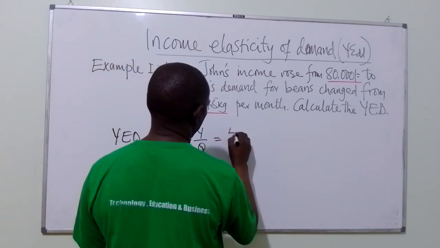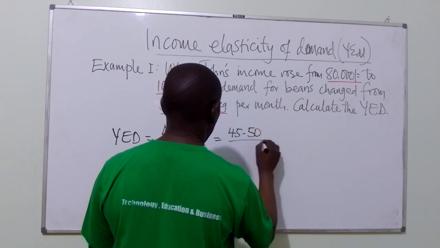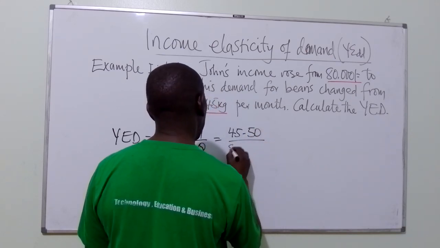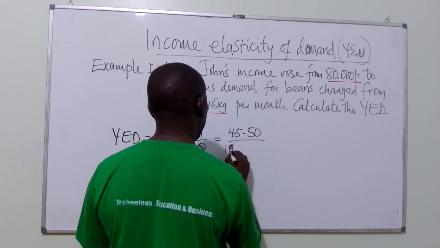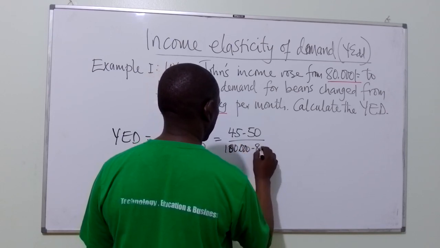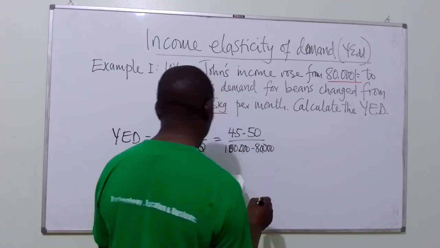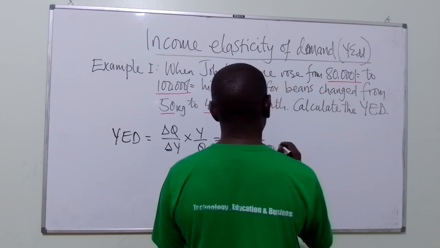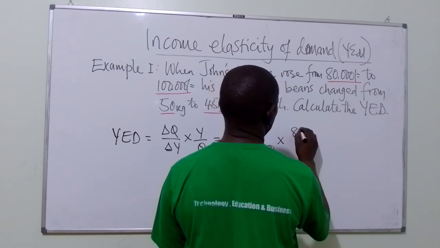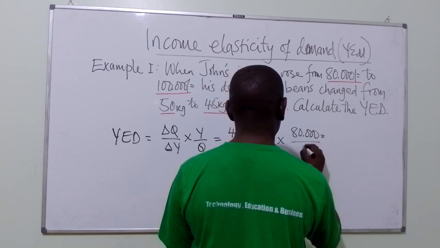This will equal 45 minus 50 over 100,000 minus 80,000, times 80,000 over 50.